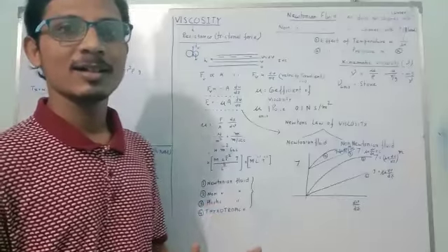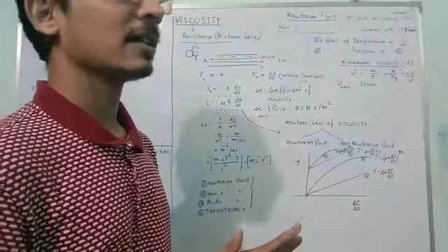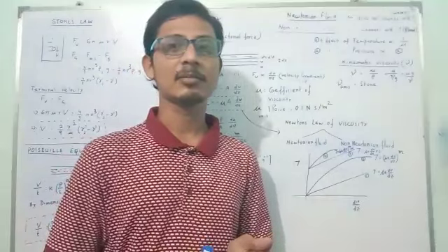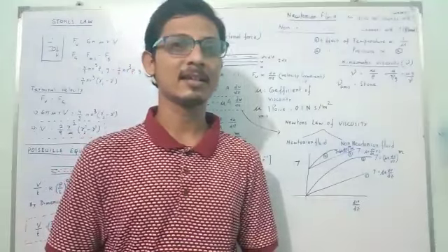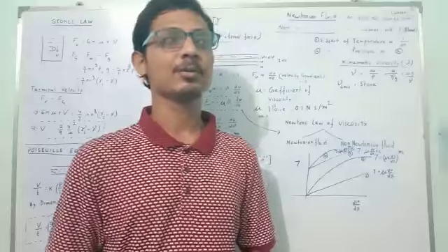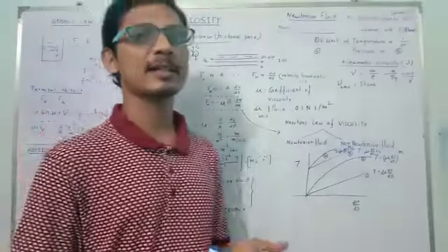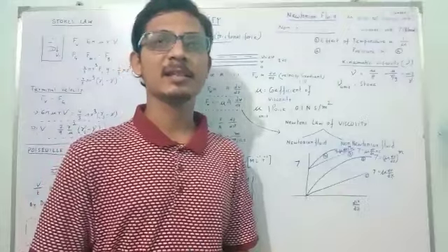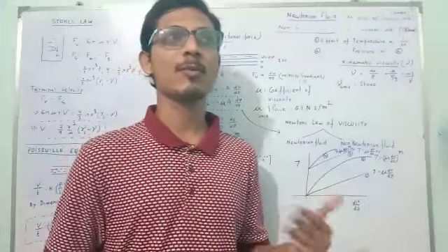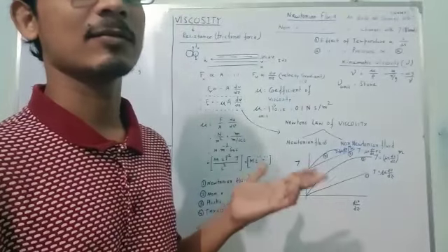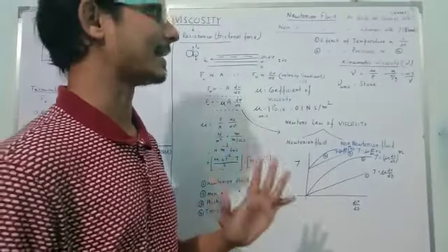If we take a very simple example, ice cream is more viscous than milk. If you melt the ice cream, it will convert into milk. So the temperature of milk is more than that of ice cream. That is why milk is less viscous than ice cream.